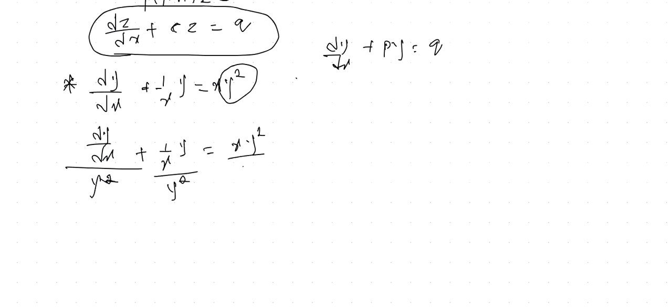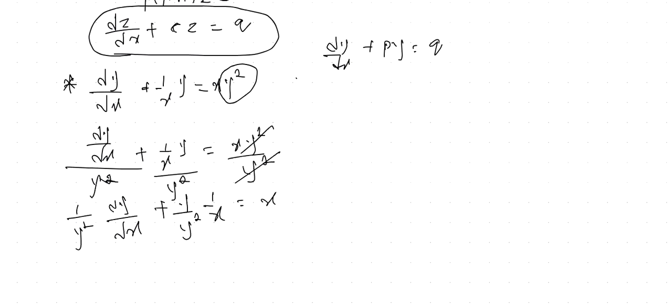This will remove this, and we have 1 over y squared dy/dx plus y over y squared times 1 over x, which is equal to x. Then we have y raised to the power of minus 2 dy/dx, plus y raised to the power of minus 1, because by the time you do the indices of this, it's going to give you minus 1, then 1 over x, which is equal to x.